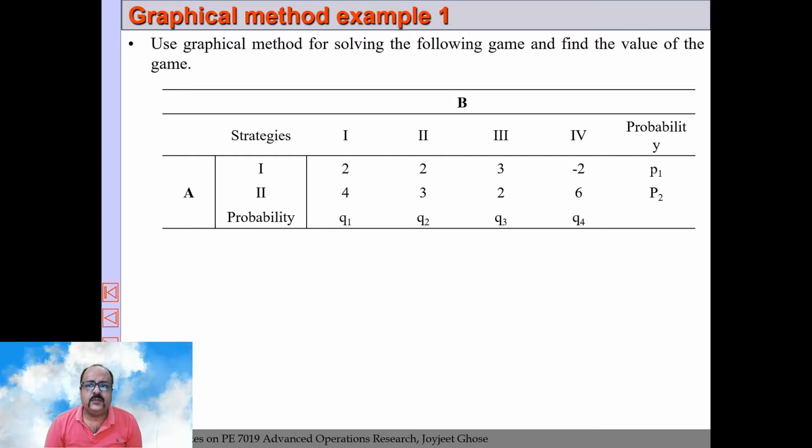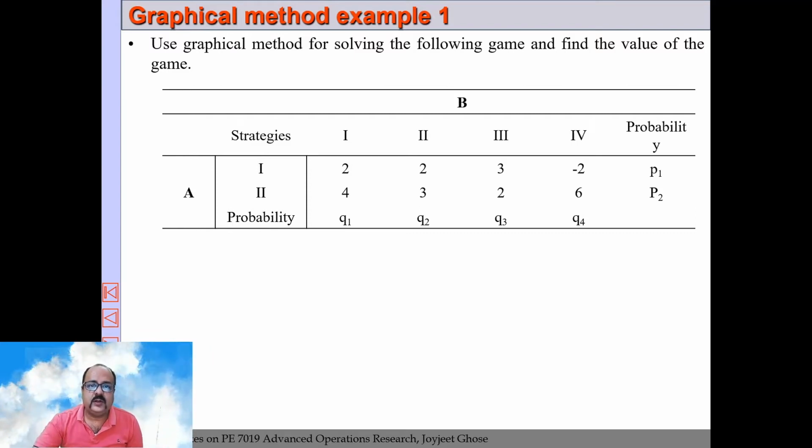So this is the problem that we are going to solve. Let us assume that there is no saddle point in this game and you cannot reduce it by the rule of dominance. So this is a mixed strategy game having probabilities P1, P2 for A's strategies 1 and 2, and Q1, Q2, Q3, Q4 for B's strategies 1, 2, 3 and 4 respectively.